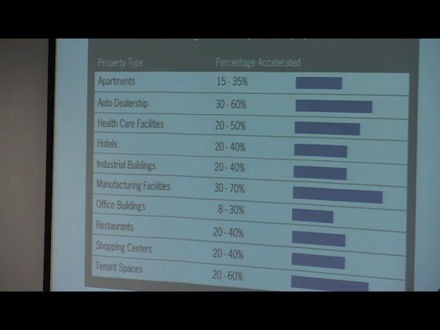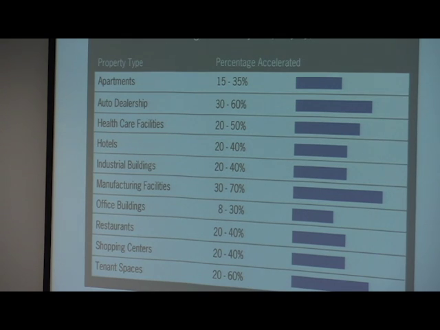So for example, if you're an apartment guy or gal, you can expect to see anywhere between 15 and 35% of that depreciation accelerated into shorter class lives. That's our experience. Let's say you're a shopping center broker or a shopping center owner. You can expect between 20 and 40% to get accelerated. Now, these are national averages based on doing 10,000 studies.